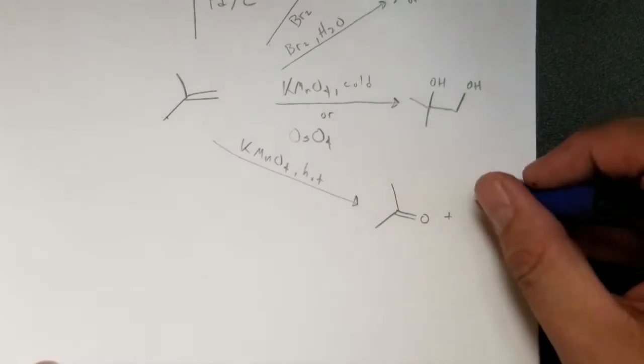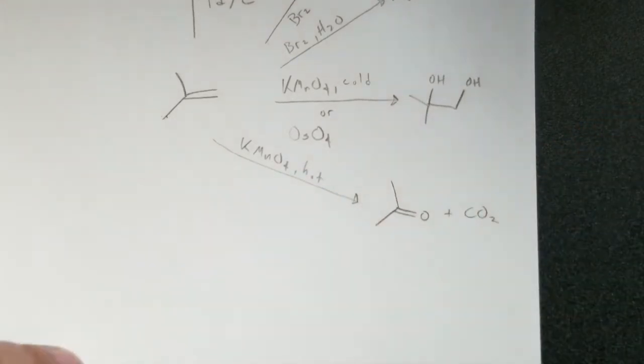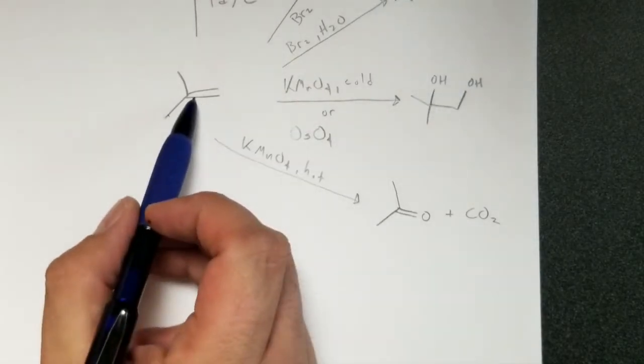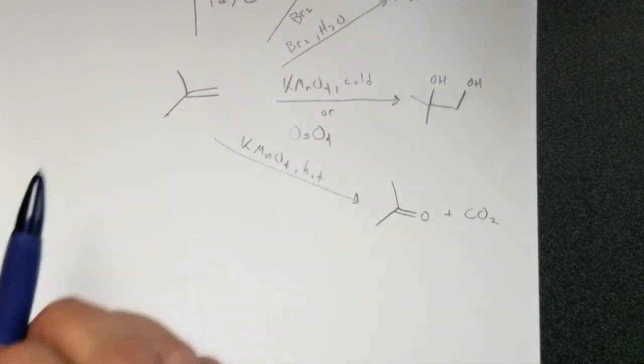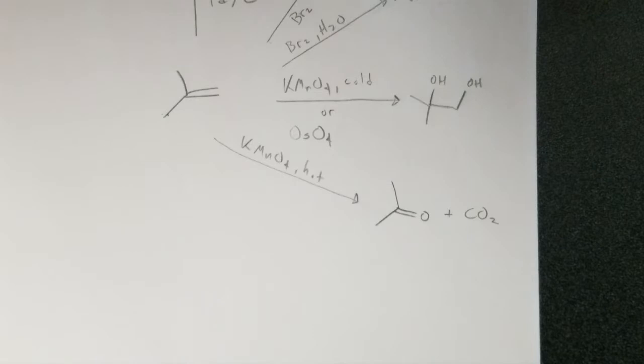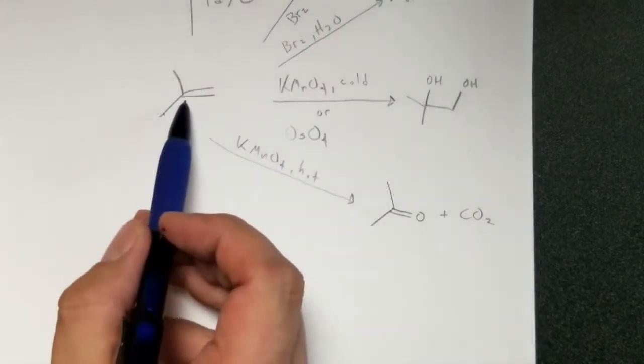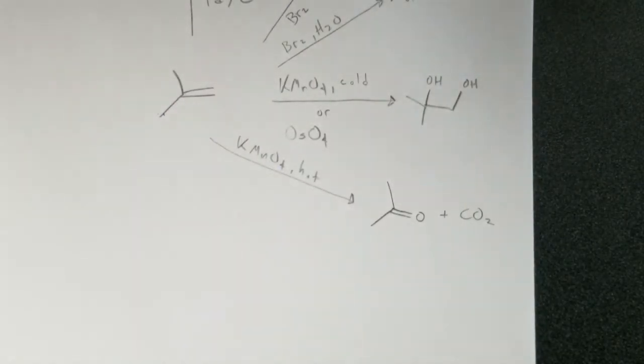Yep. Typically it works out where you're going to trade a double bond to C for a double bond to O. It works out though where if the carbon's at the end of the chain, it'll fully oxidize into CO2. So this is oxidative cleavage here.